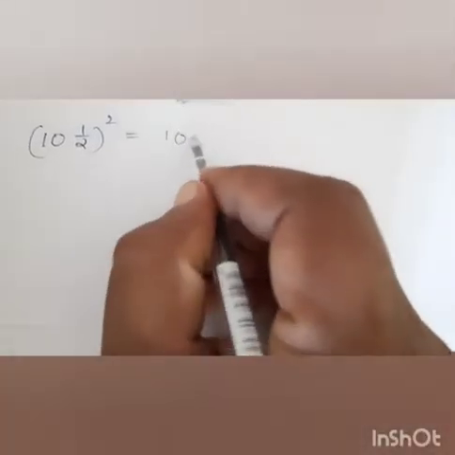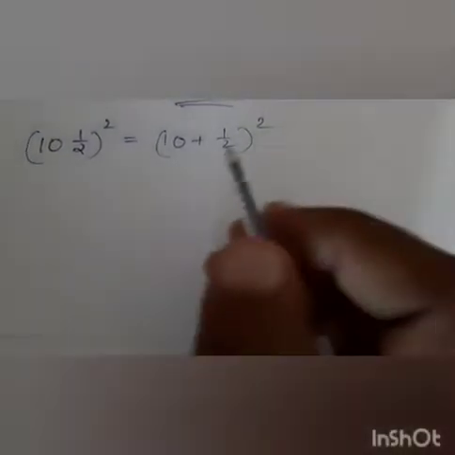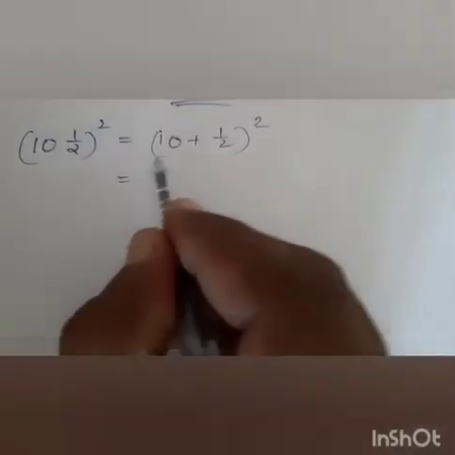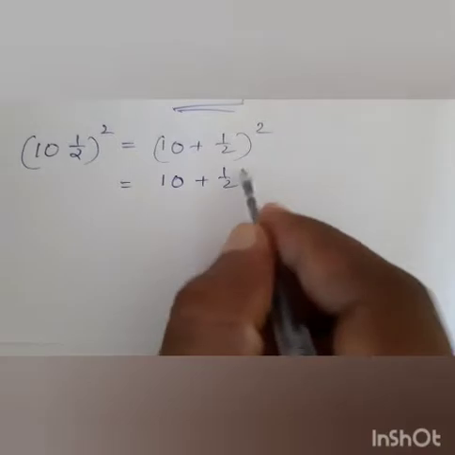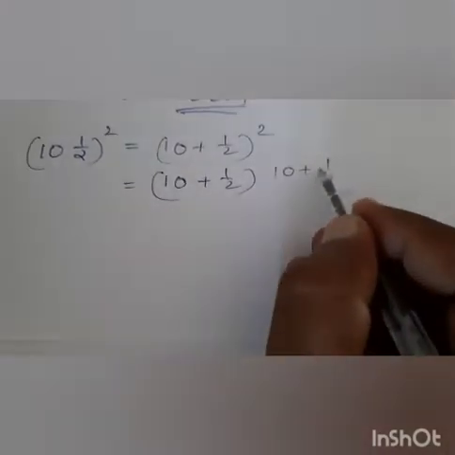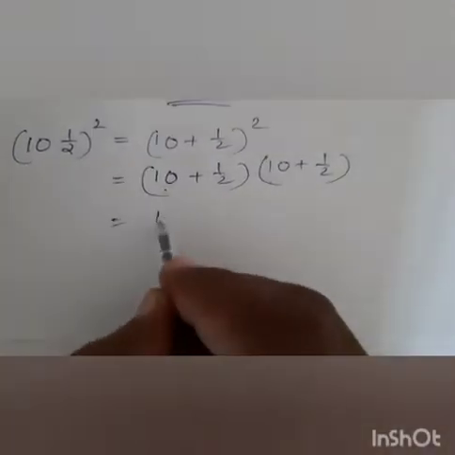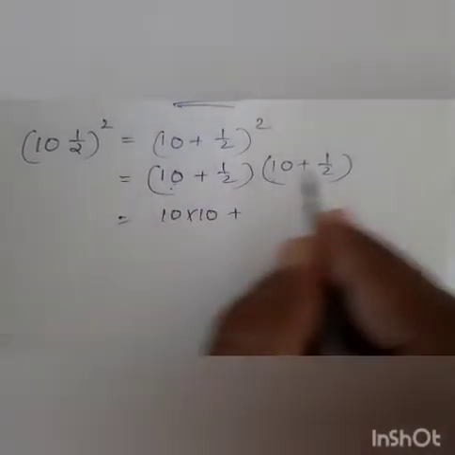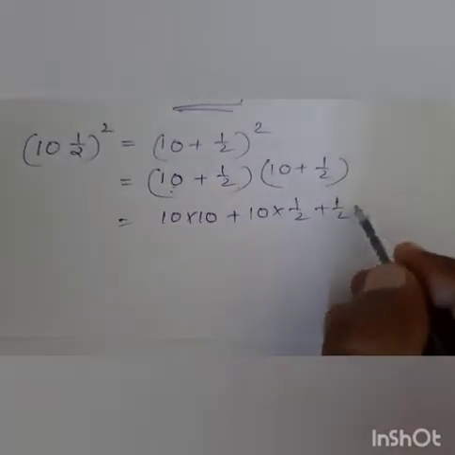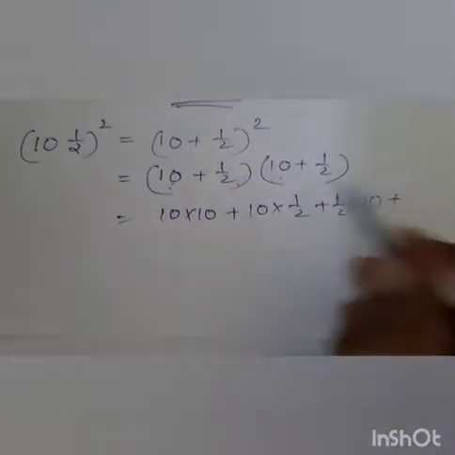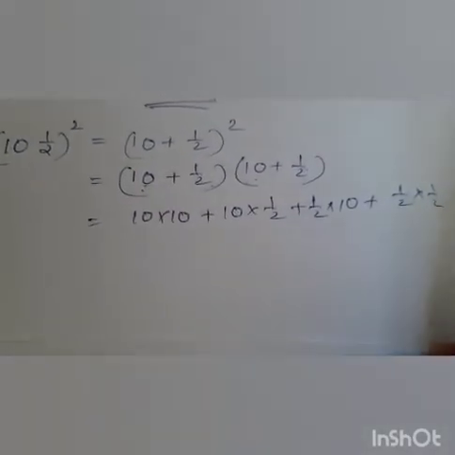See the next one, (10 1/2) square. We can write this as (10 plus half) whole square. So this we can write as (10 plus half) into (10 plus half). Then we have to multiply it: 10 into 10 plus 10 into half plus half into 10 plus half into half, 1 by 2 into 1 by 2.